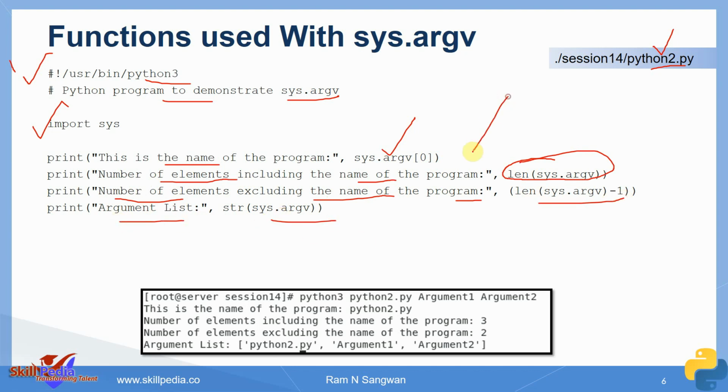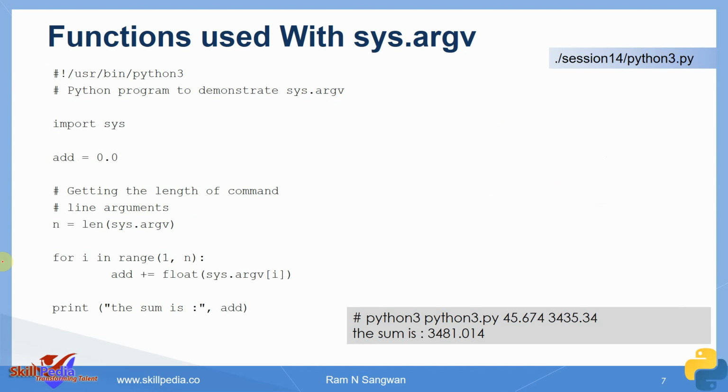You use all the possible features, and you are passing these two arguments, and you will see every detail. Python2.py, number of arguments including the program name is 3, excluding that is 2, and the elements are all these 3 elements. This is a very easy program. It makes very clear how the arguments are passed, how they are handled, and how they are used inside the program.